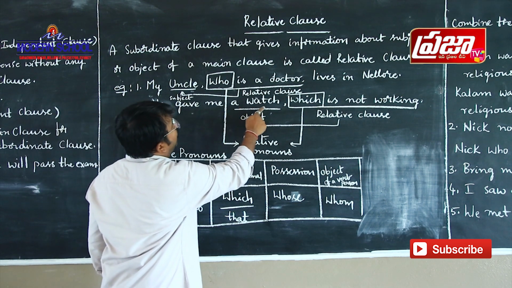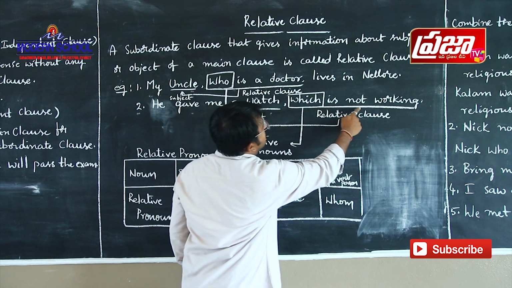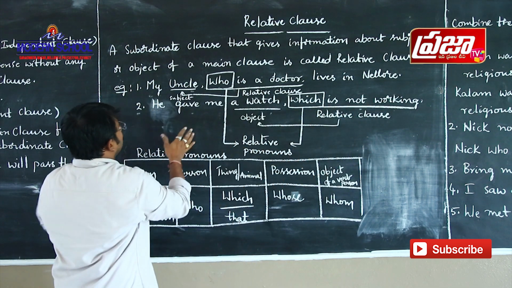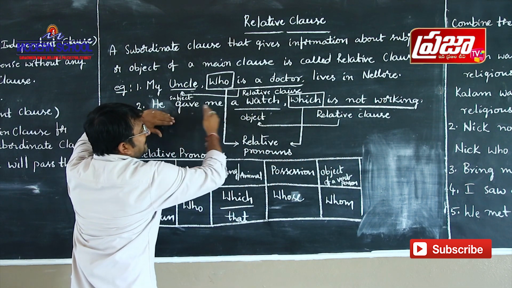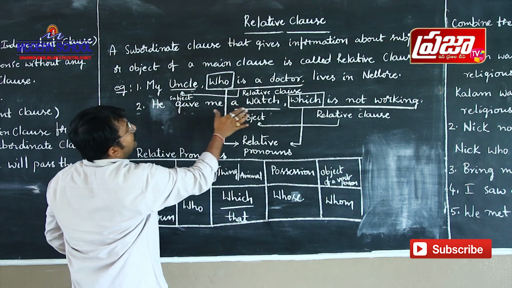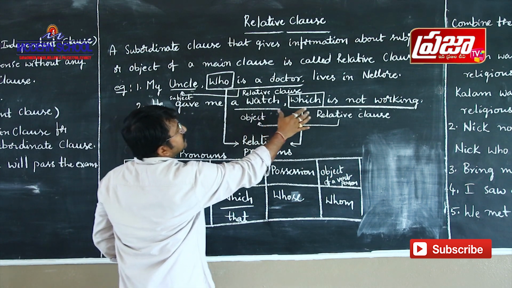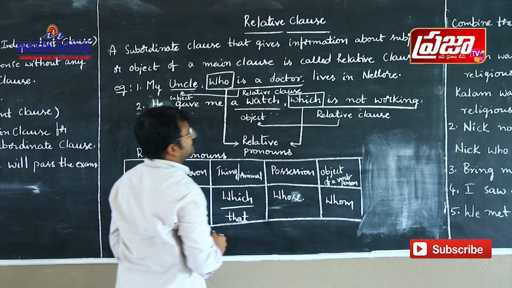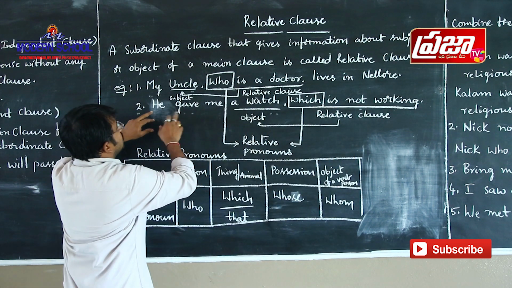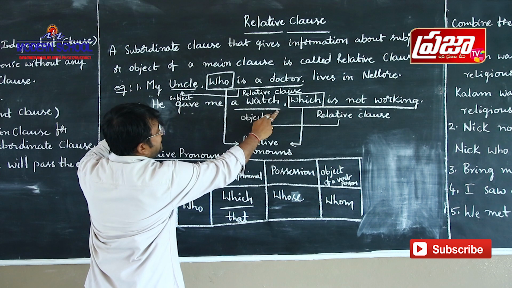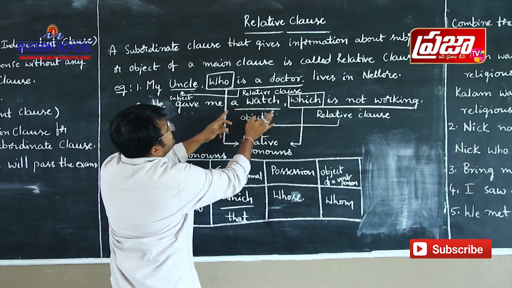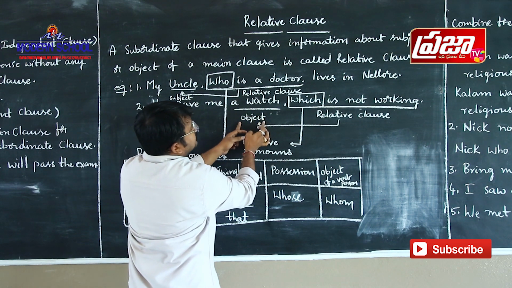He gave me a watch which is not working. If you take this entire sentence, "he gave me a watch" is one clause, and "which is not working" is another clause. "He gave me a watch" is the main clause. In this main clause, a watch is the object.